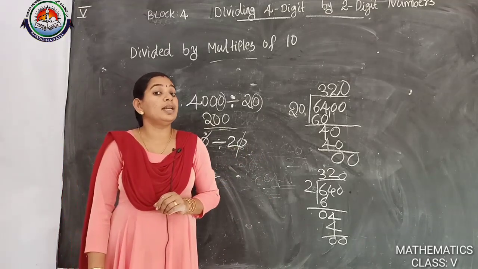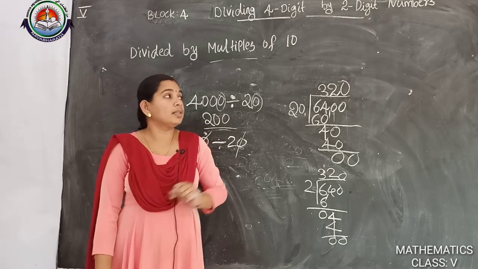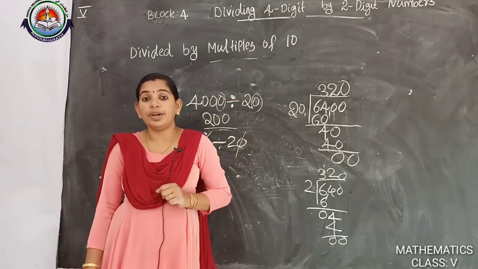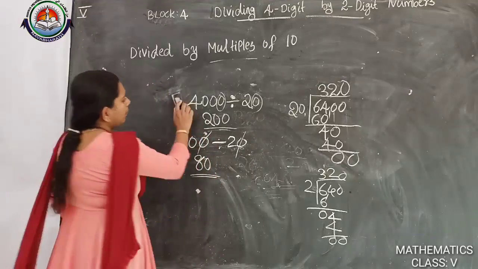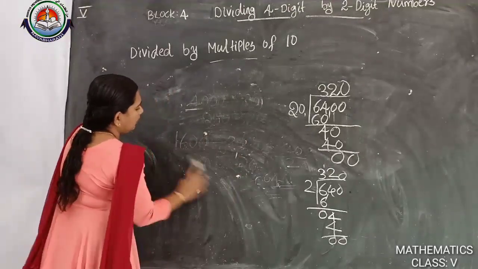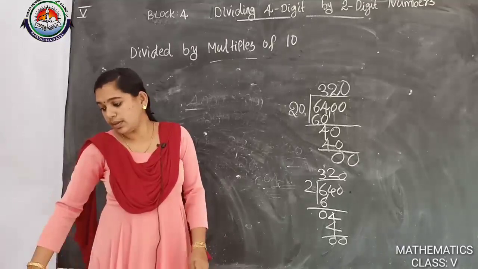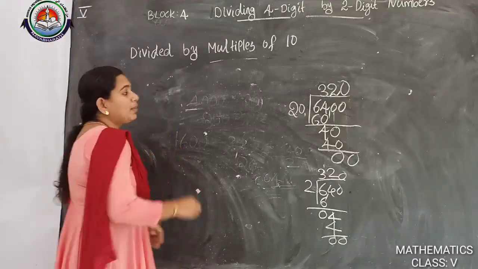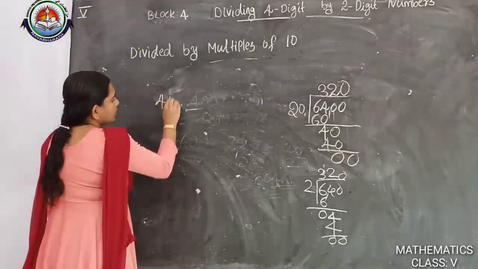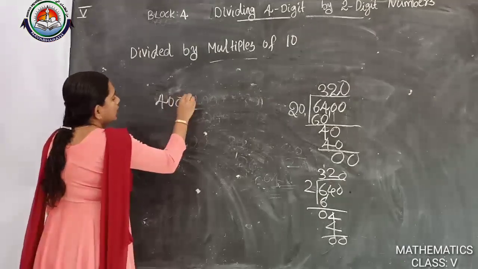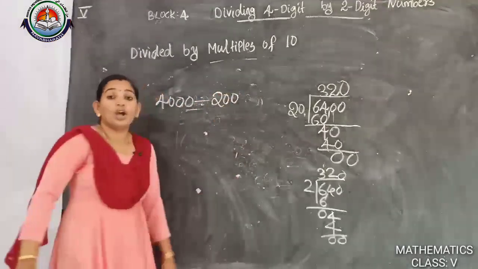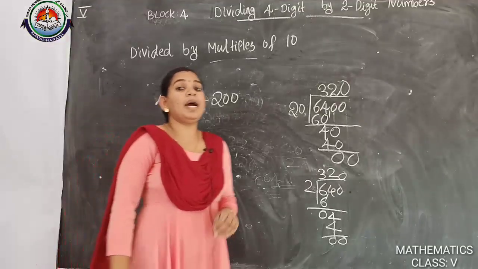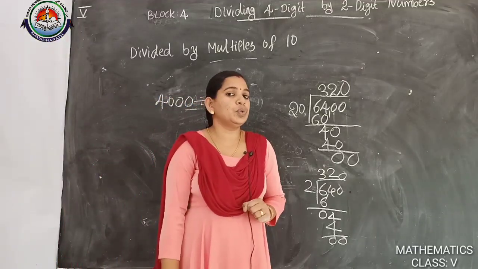Then we divide by 2-digit numbers. This is like a 3-digit number, multiples of 100. How do you do it? We will do one problem: 4,000 divided by 200.